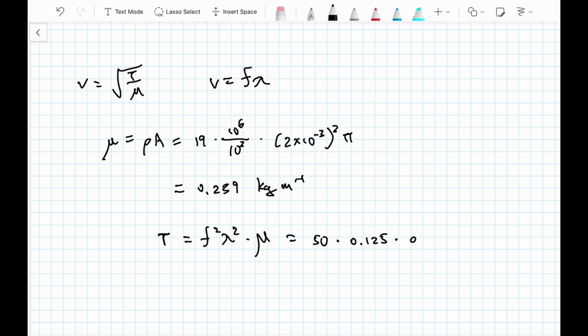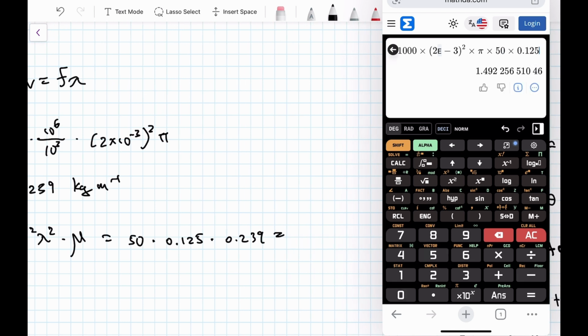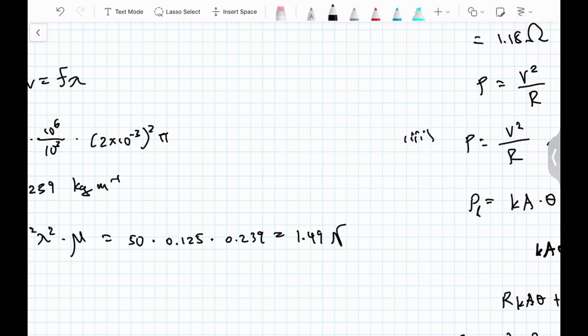And we multiply by 0.239 to get the value. So that should be 50 multiplied by 0.125, squared, multiplied by 0.239, and that gives us 1.49 newtons. That should be the answer to this question.